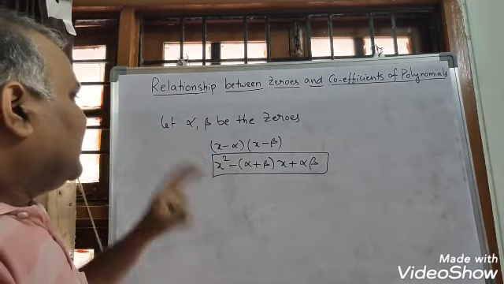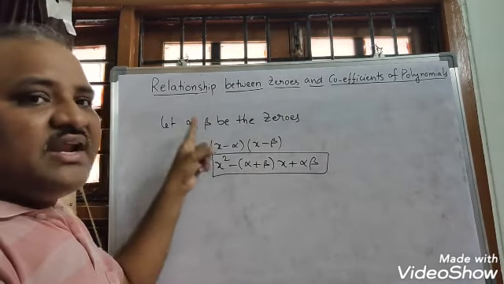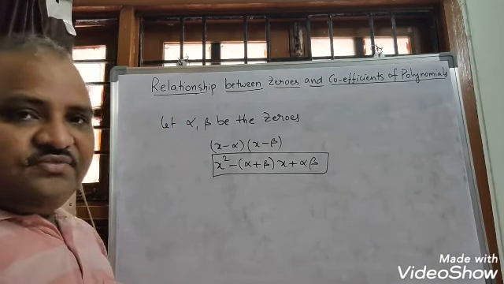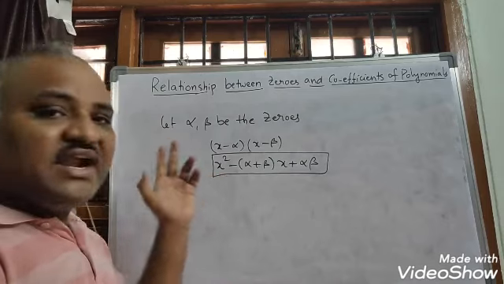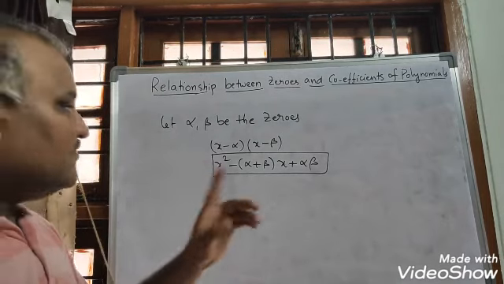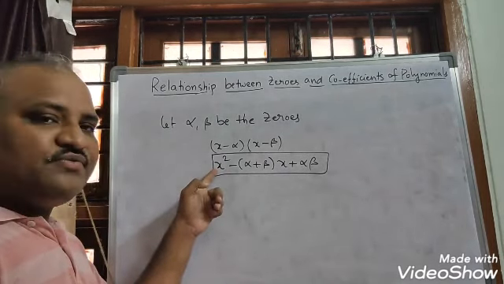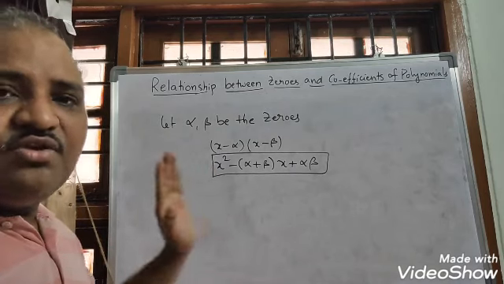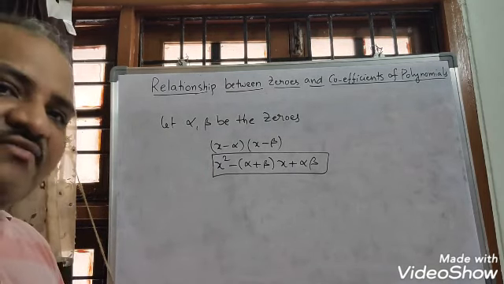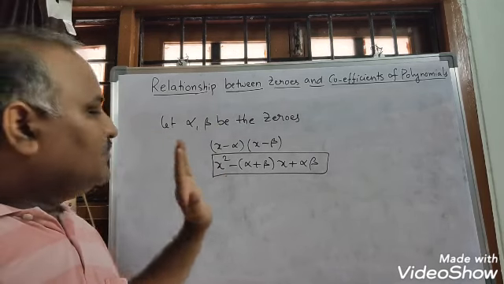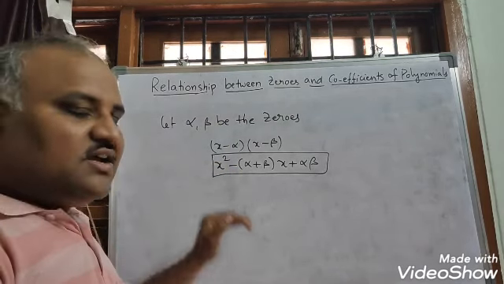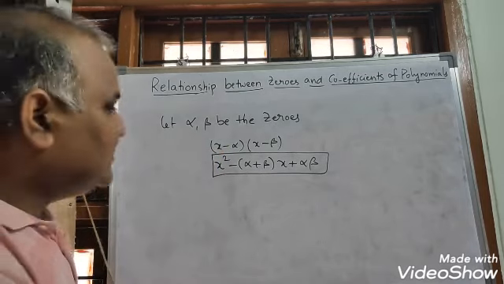But here if alpha, beta are integers, then directly we can substitute here and we can get a monic polynomial. Everybody can observe that the x square coefficient is 1, so this is monic only. Whenever we have fractional values for alpha and beta, then we can get the polynomial in this way.